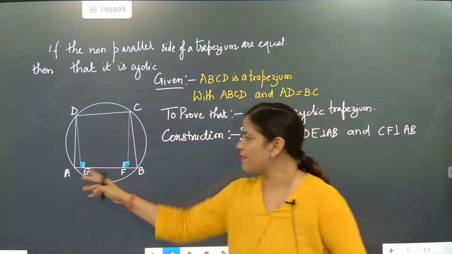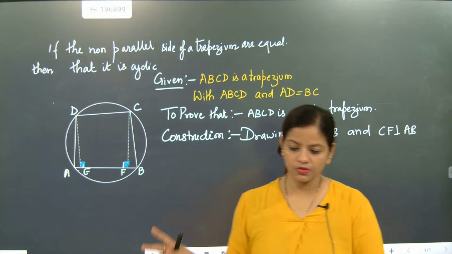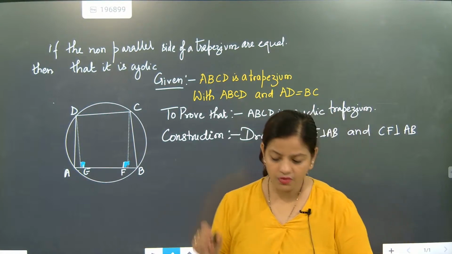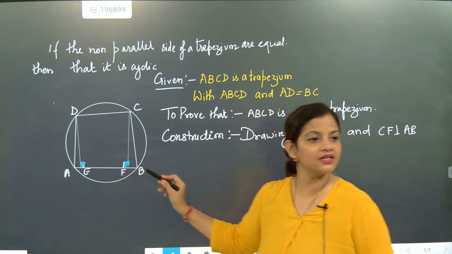I said parallel, but I meant perpendicular. They both are parallel to each other, but they are perpendicular to AB. Understood? Now we are going to take these two right triangles. What are they, beta? Right triangles.